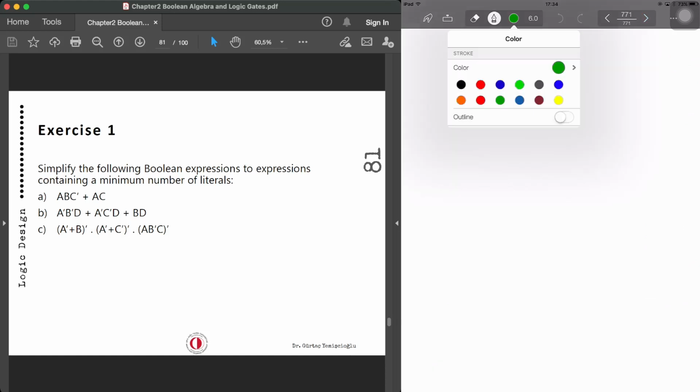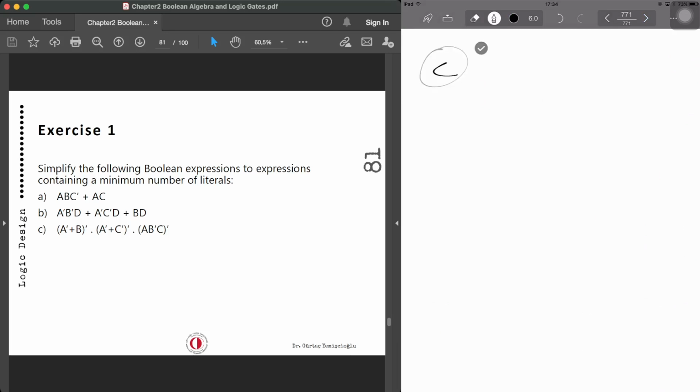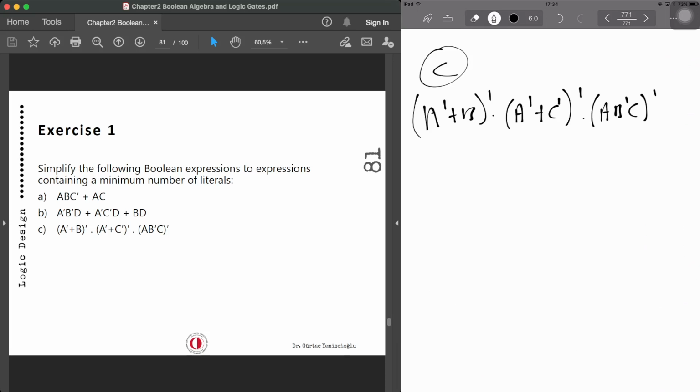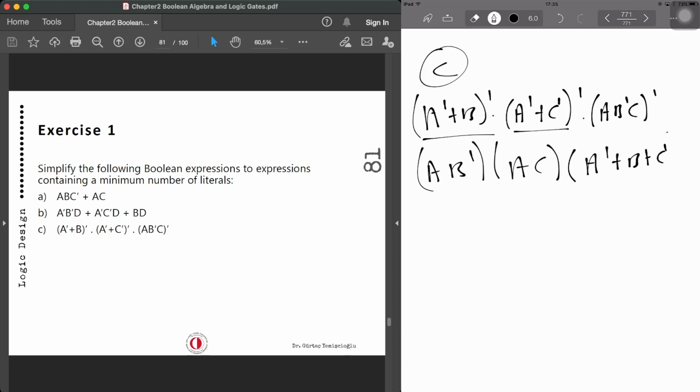And the last example related to this, we have got C as A prime plus B prime, B, and the prime is outside, dot A prime plus C prime prime, dot A, B prime, C prime. Now, if we take the De Morgan of that, this is going to be A, B prime, and that's going to be A, C, and this one is going to be A prime plus B plus C prime.